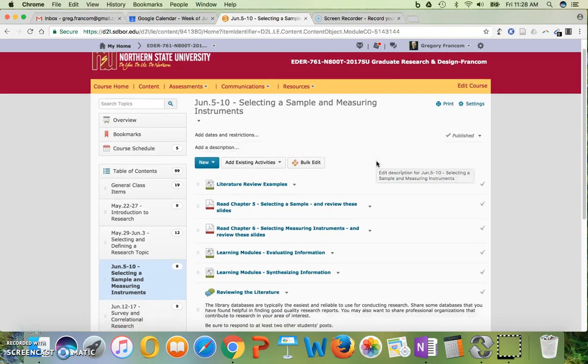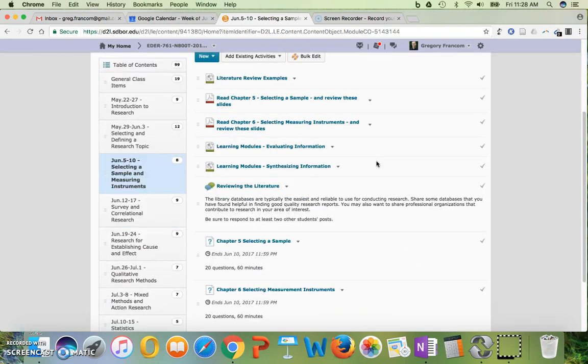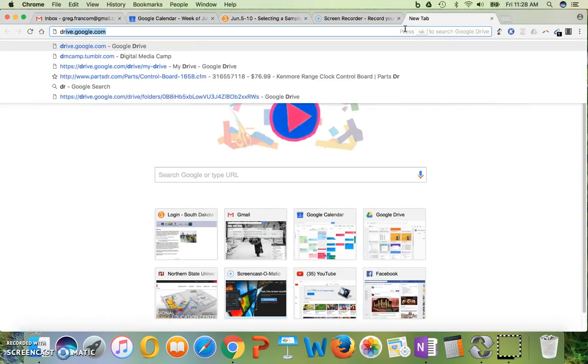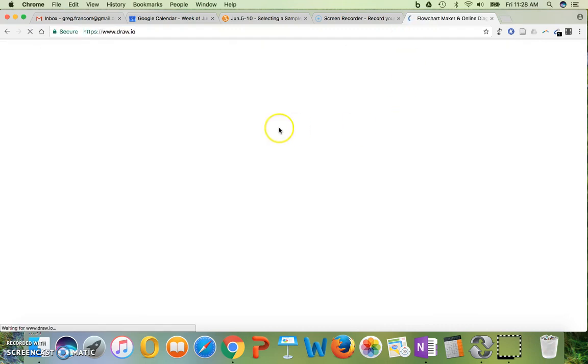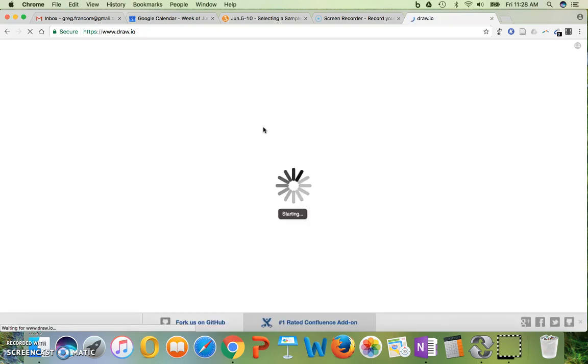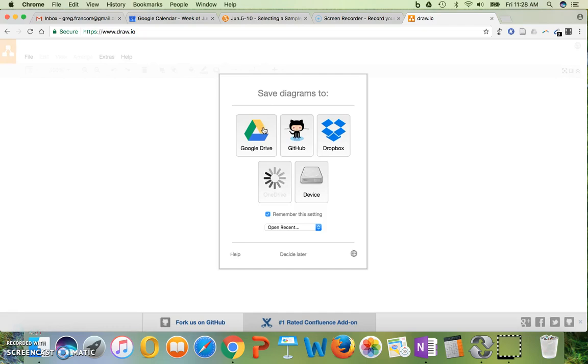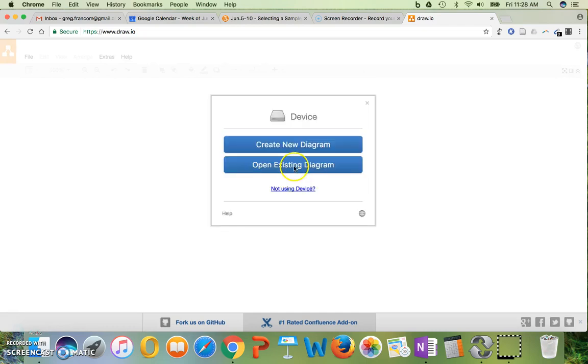Just talking a little bit about sample versus population methods. Let me pull up a website here. So sample versus population. The idea here is that a population is the entire amount of people that you might be interested in knowing something about through your research study.